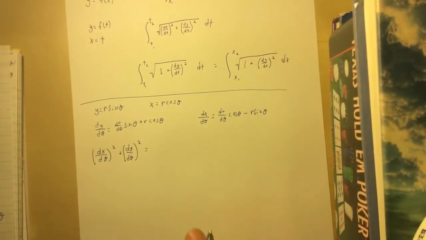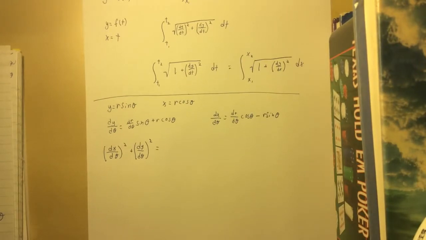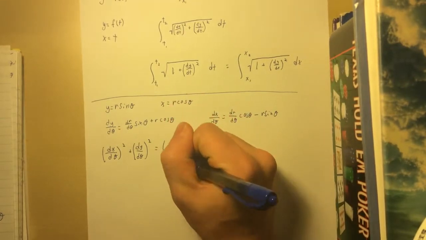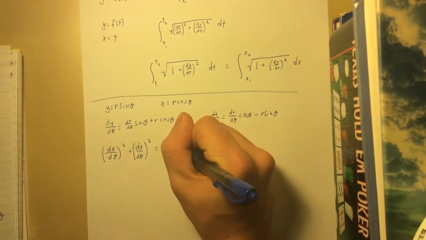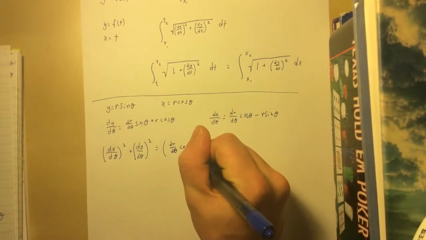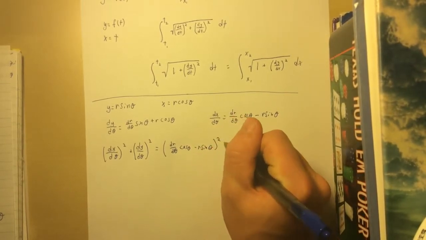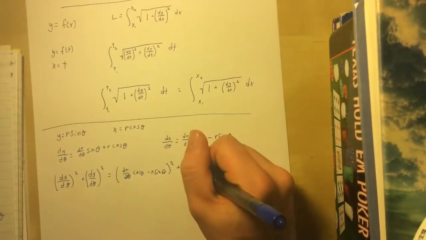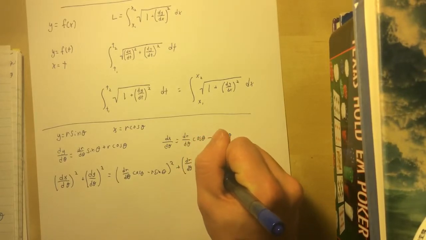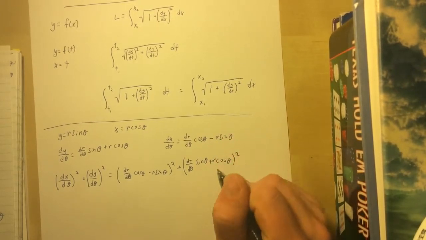Let's first write it out. dx d theta squared is dr d theta cosine theta minus r sine theta, squared, plus dr d theta sine theta plus r cosine theta, squared.